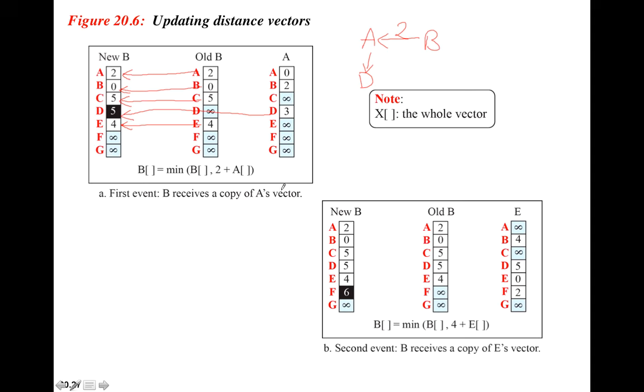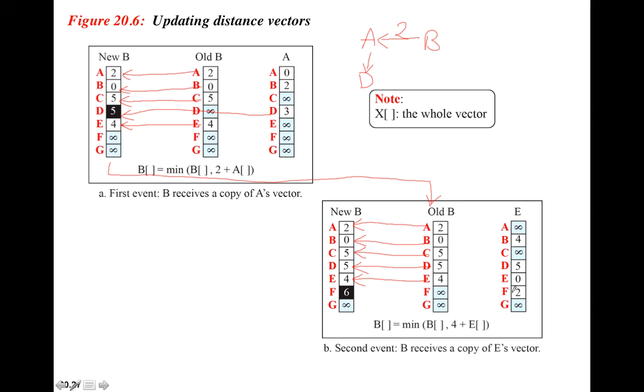Now let's say E also sends its vector over. So now this will be the existing vector. And we have, again, the same thing. Take the existing values and place them in the vector for new B. Is there anything new we have in here? Yes, we do.